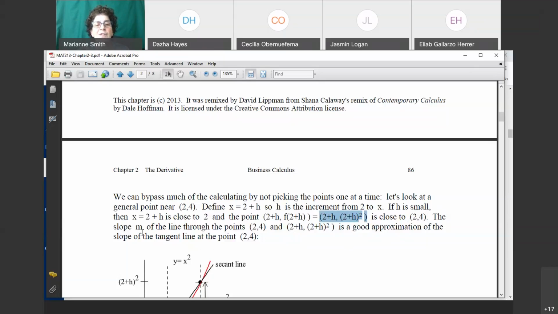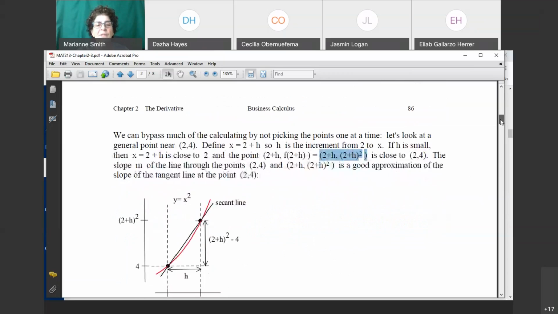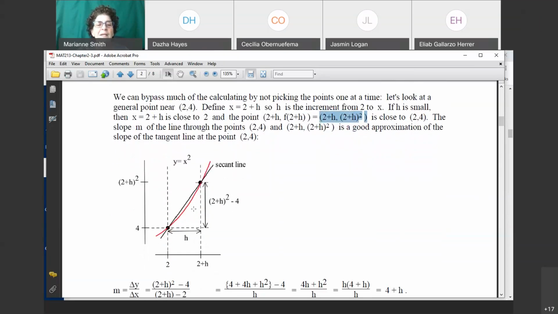And again, the slope of the line through these two points is a really good approximation of the slope of a tangent line through 2, 4. Why? Because you can make that h part as small as you want, and you can get them really, really close. Here's a graphic showing you the y value and the x value.